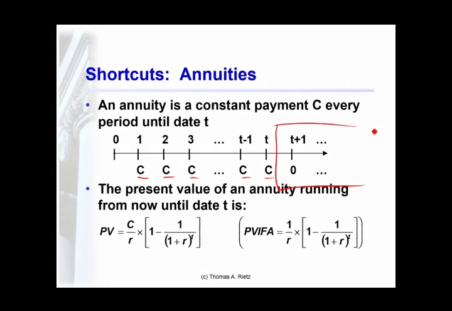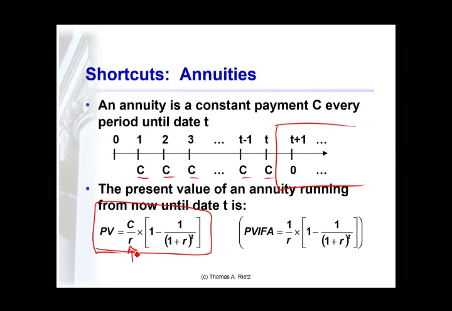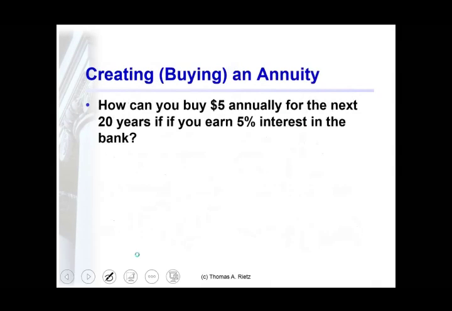The value of an annuity is given by this equation here, which you can see is based on the perpetuity equation, cash flow divided by interest. To see why that's the case, think about purchasing a set of cash flows from the bank.